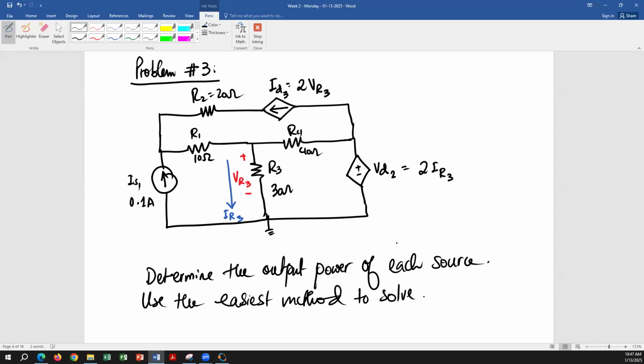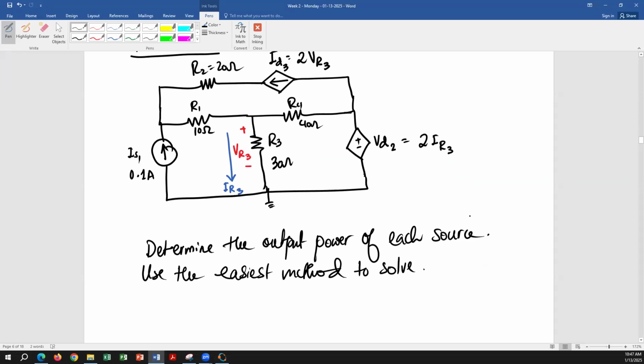However, even after applying mesh, mesh is going to give you this current value, and of course we can calculate the ID3 value. We will still need to figure out the voltage across ID3 and the voltage across IS1 in order to calculate power. So remember, your job is not going to be done if you apply mesh analysis and get the current in the loop where you have VD2.